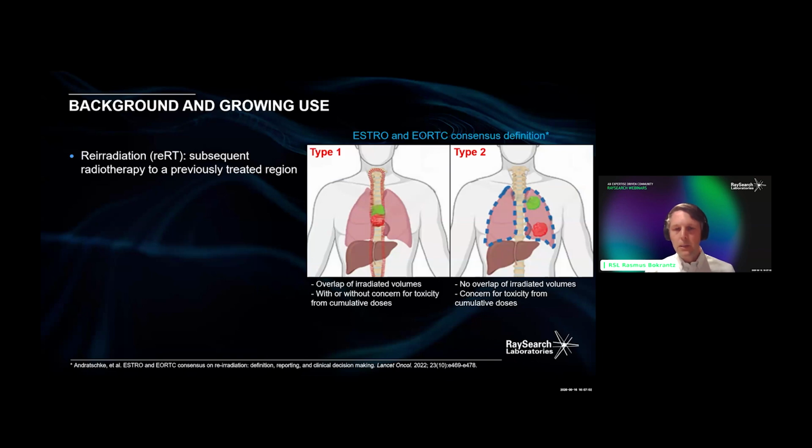That is then subclassified into type 1 re-irradiation, where you irradiate with a geometric overlap against a previously irradiated volume. And then there's also re-irradiation type 2, where there's no geometric overlap with a previously irradiated volume, but the new target volume is still sufficiently close to a previous target for there to exist a concern about toxicity from cumulative doses.